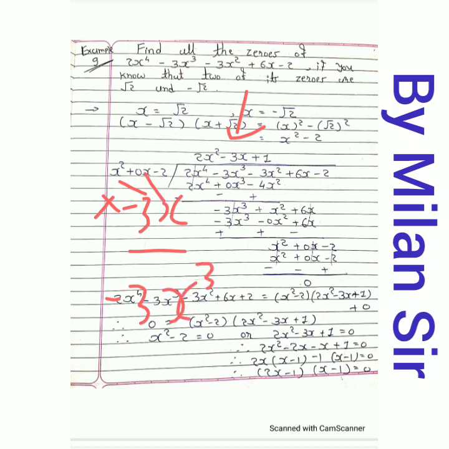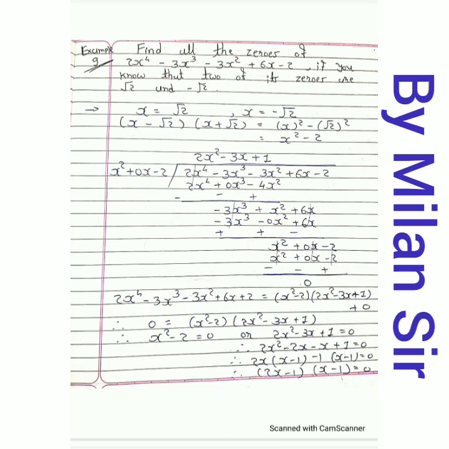Then with the second term, 0 into minus 3 is 0x square. Last term, minus 2 into minus 3, minus minus plus, is plus 6x. So I have written here minus 3x cube, and here minus 0x square plus 6x.